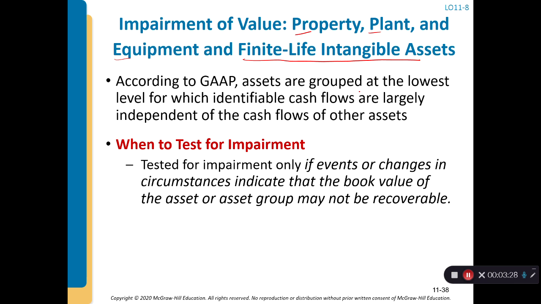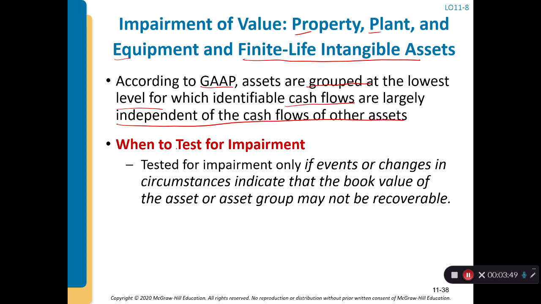What are we going to do? According to GAAP, the assets are grouped at the lowest level for which the identifiable cash flows are available. So basically, you want to identify which cash flow is generated by which asset, and those cash flows are largely independent from cash flows from other assets.